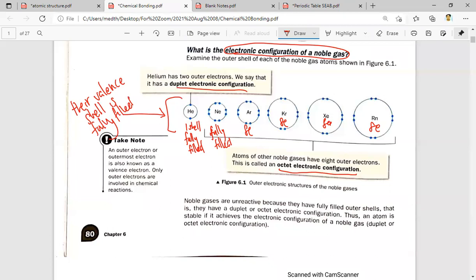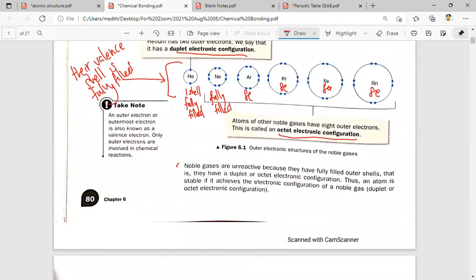So the outermost shell is fully filled. So as you can see here, noble gases are unreactive because they have a fully filled outer shell, or instead of the word outer, I use the word valence shell. This is what makes noble gases so stable, because their valence shell is fully filled.